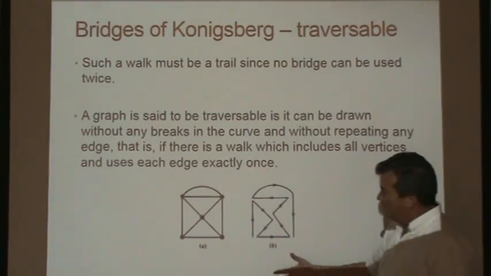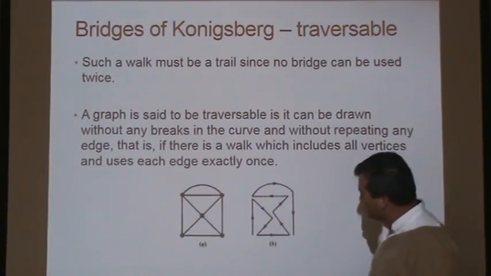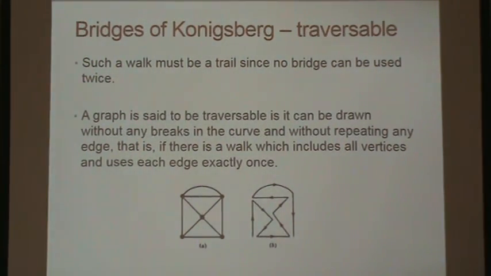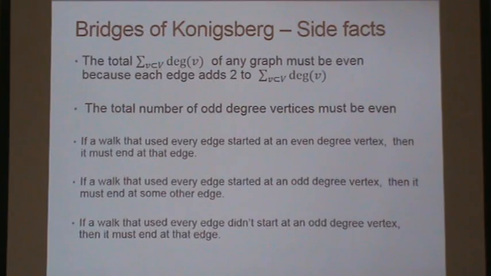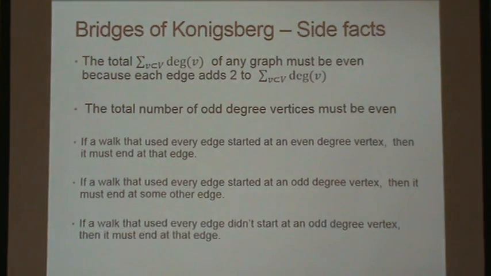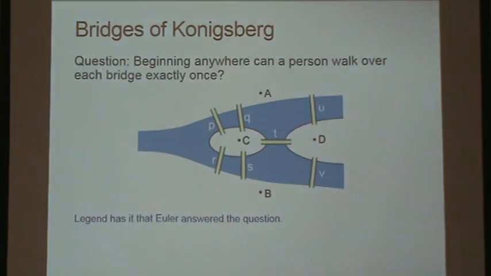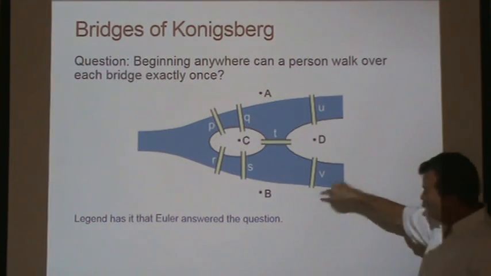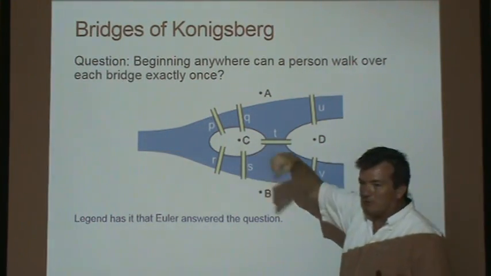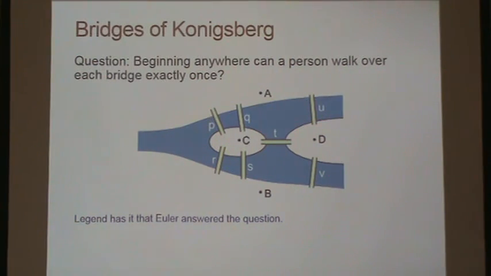And if that's the case, then you hit every bridge, right? Some graphs are traversable and some of the graphs are not. So if we can solve this question, this would have to be traversable, that we could put our pen somewhere and hit every bridge without lifting the pen, right?